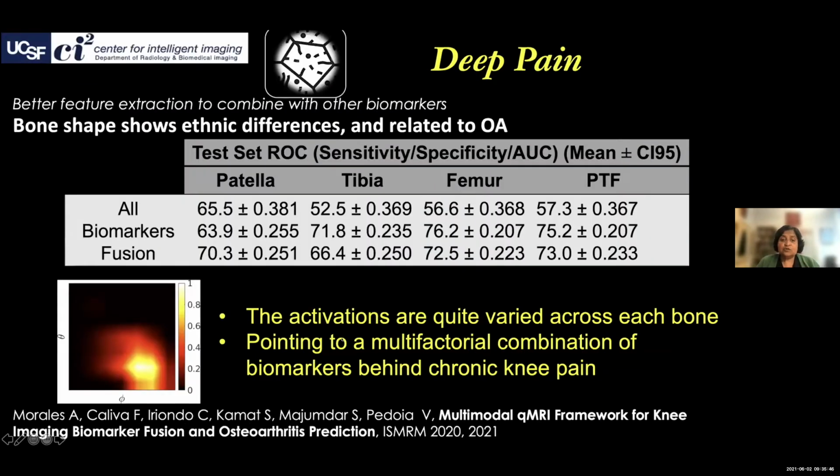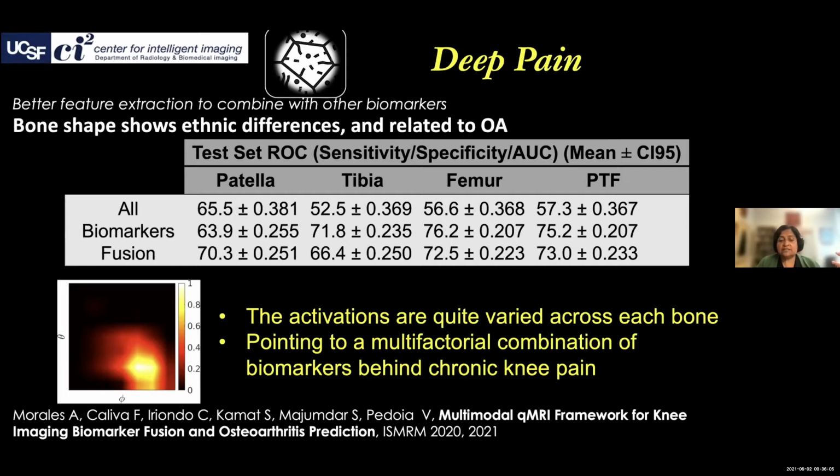So these individuals found clearly that the area under the curve, the sensitivity, the specificity, and the accuracy are shown here for the different bone compartments for the cumulative model, which includes all of these quantitative features. And you can see the accuracy for the pain separation of the two groups.